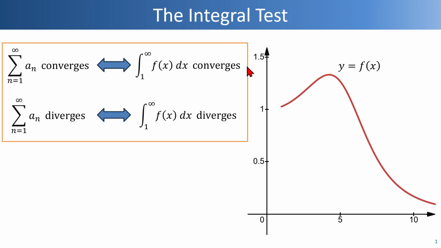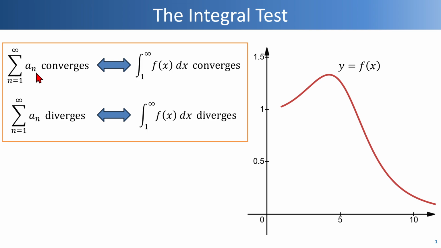In this video, we're going to do an example of the integral test, but first I want to give an overview of the idea. The idea is that we're trying to decide whether a given series converges or diverges. We can decide this by using the integral test. The way this works is we have some formula for the terms of our series, a sub n.